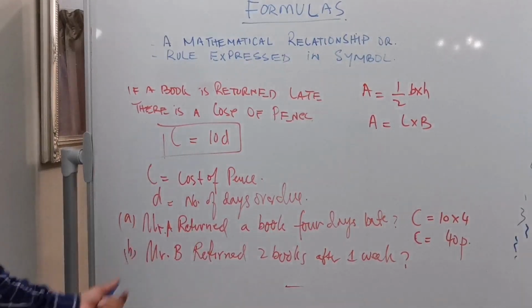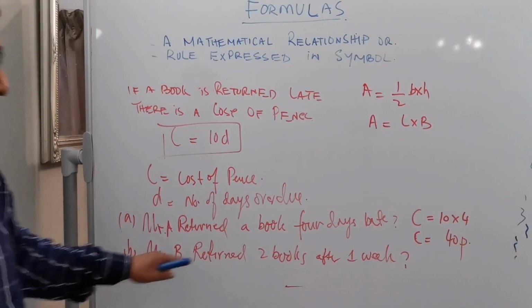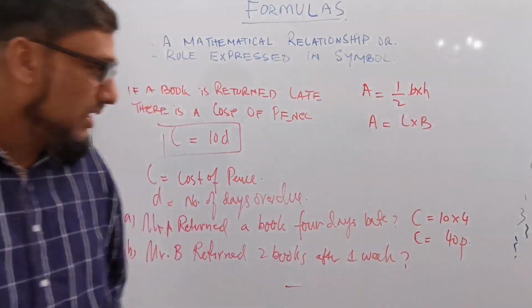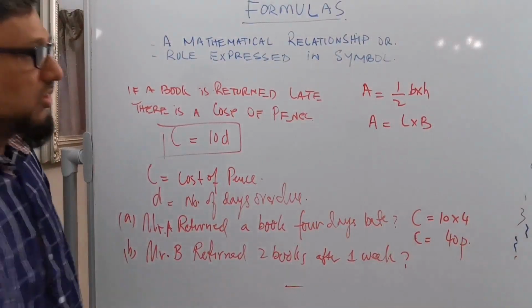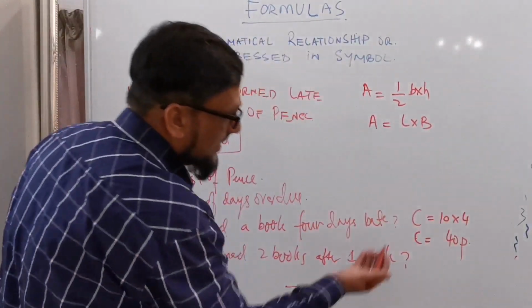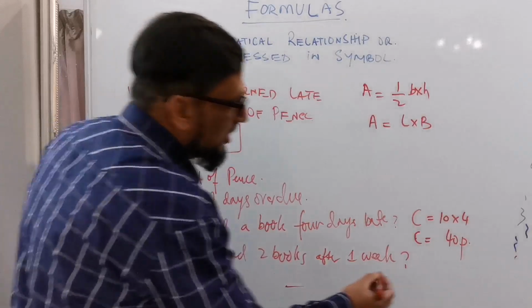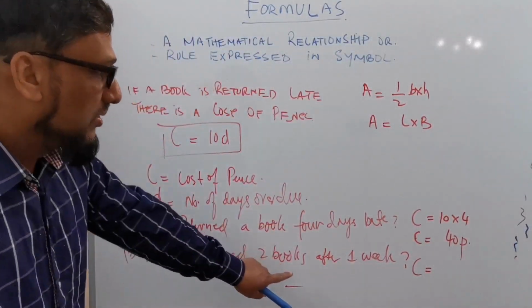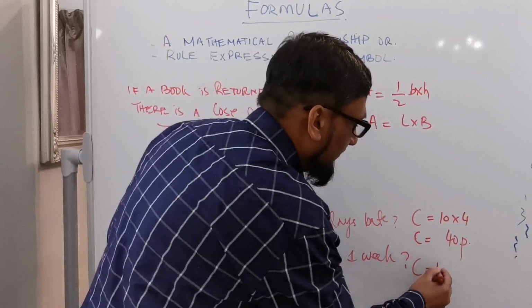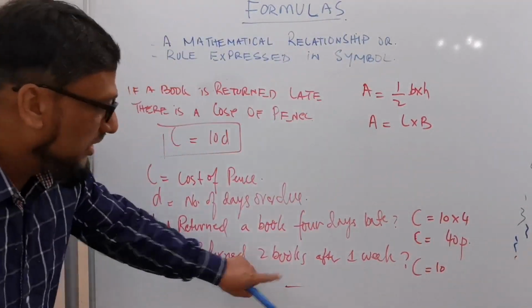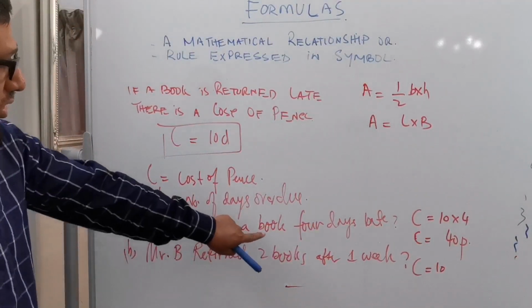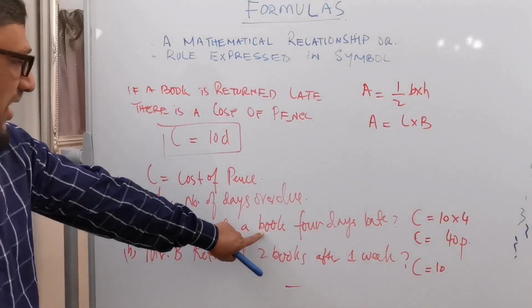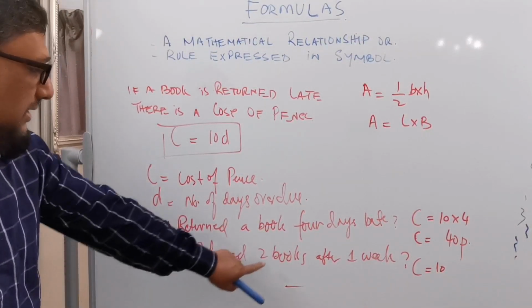So it was due 1 week ago, but he returned 2 books late, for 1 week. So we need to find out the same using the formula. So C, and we need 10. How many books? There was 1 book for Mr. A, and there are 2 books.